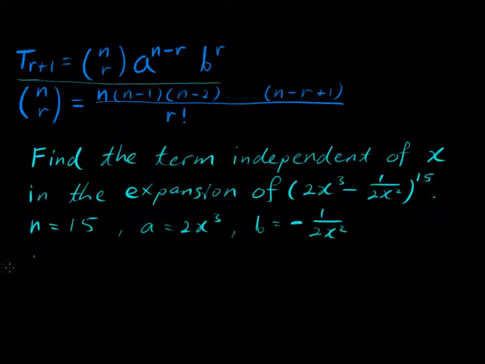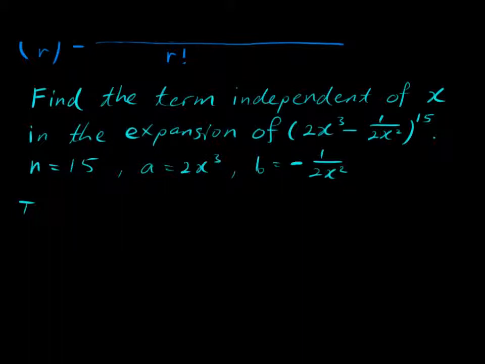Alright, so let's work out the expression first. For the (r+1)th term, the equation is going to look something like this. We substitute n equals 15, and of course r is the unknown value which we want to find.